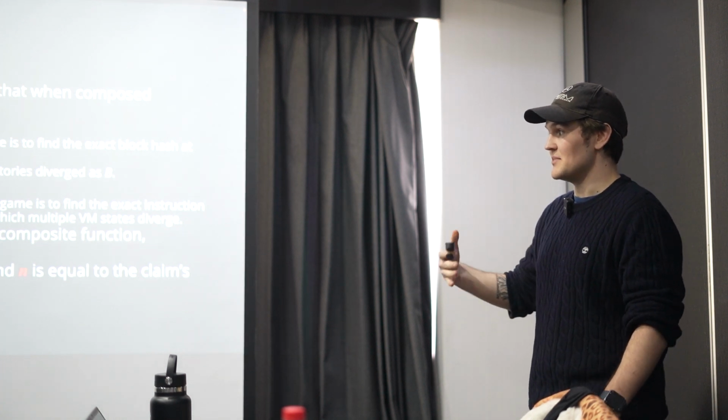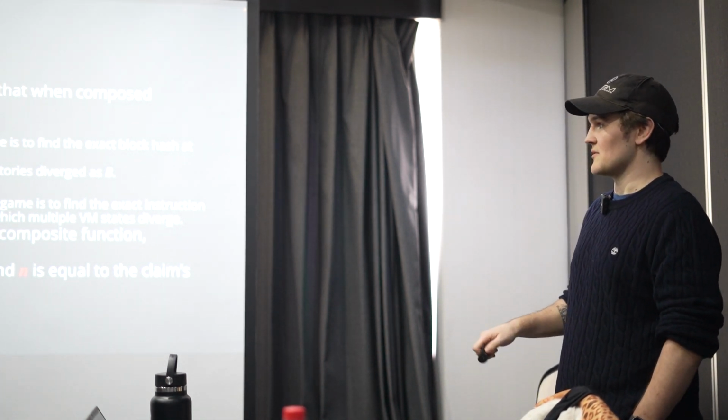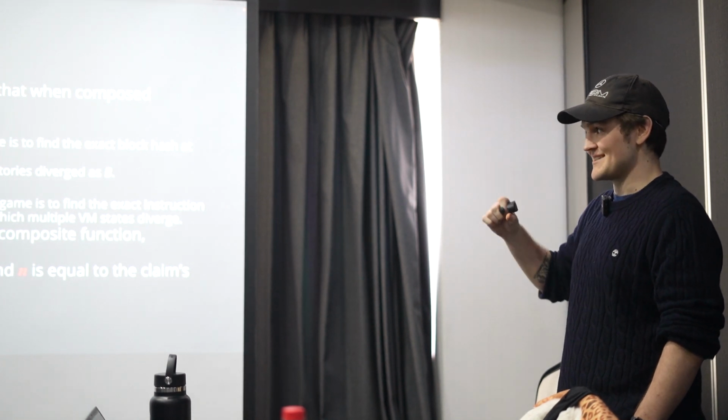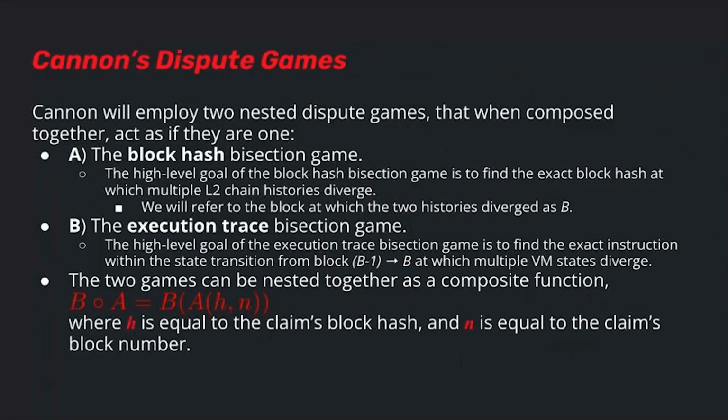Game B is the execution trace bisection game. Its high-level goal is to find the exact instruction within the state transition from block B-1 to B at which multiple VM states diverge. Once again, that can be two or more VM states.